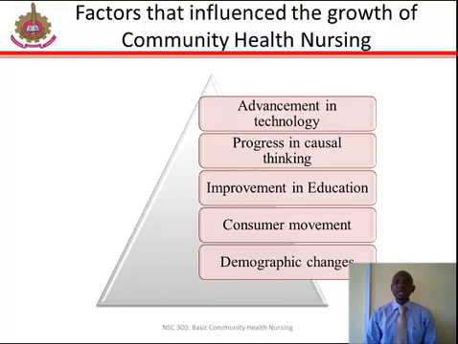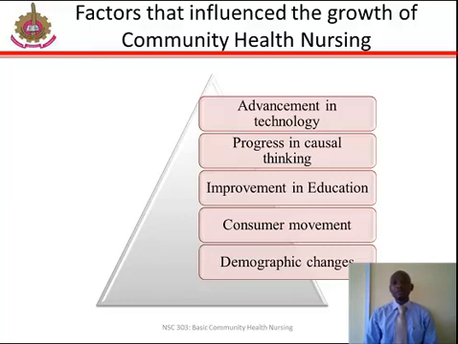With increase in technological innovations, healthcare service and nutrition became enhanced. The second one is progress in causal thinking. With more technological advancement, knowledge about causes of diseases became broadened, and it helps community health nursing to control health problems by examining all possible causes and then targeting critical causal points.